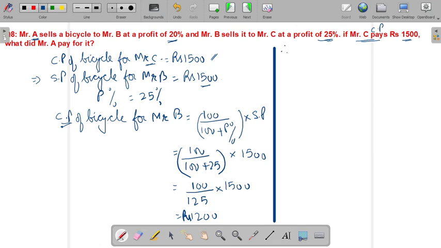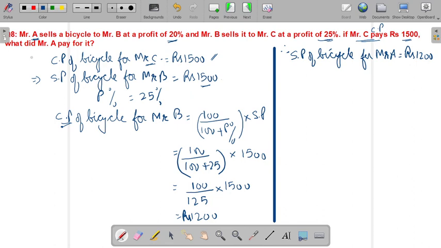So therefore selling price of bicycle for Mr. A is rupees 1200.